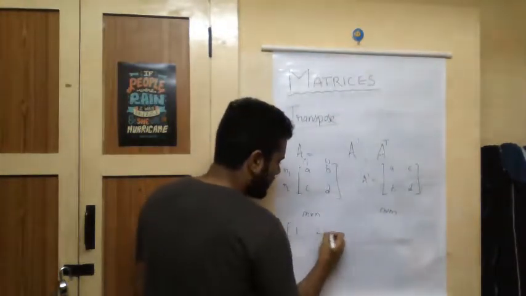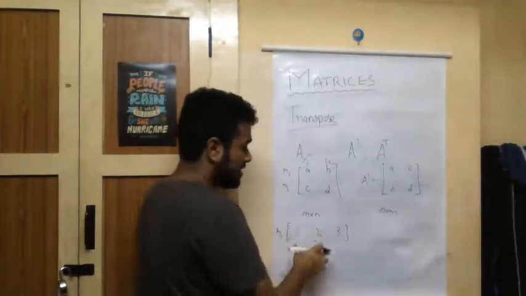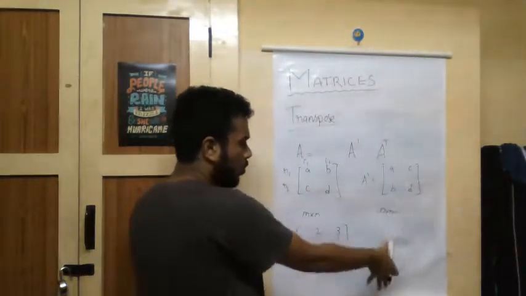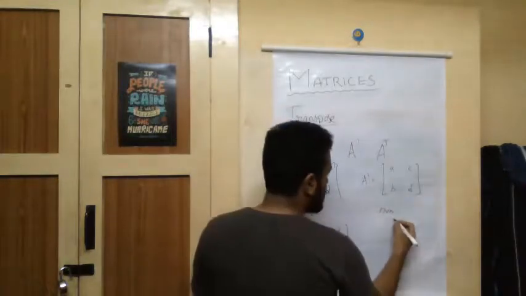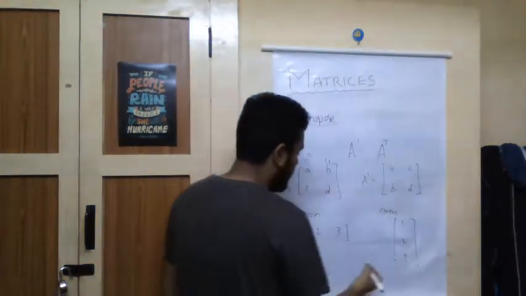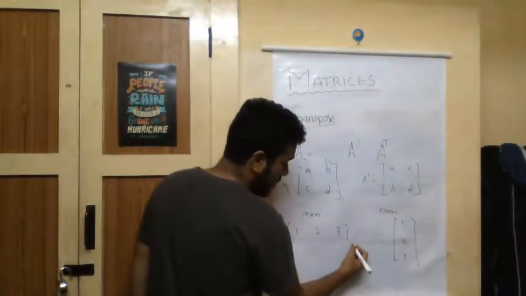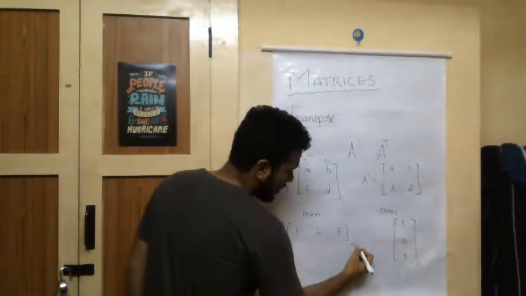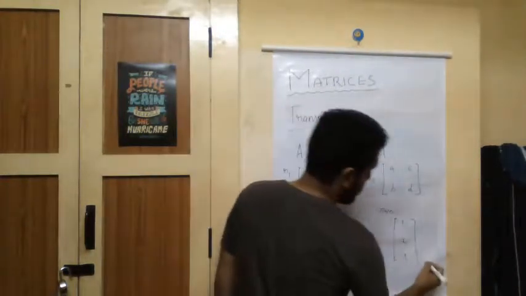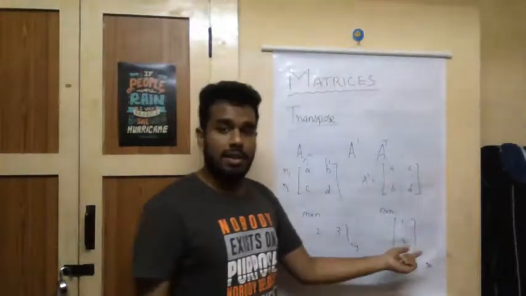Let's say we take this row matrix. Since this has only one row, the transpose of this is converting this one row into a column. So this would become 1, 2, 3. Clearly, the order of the original is 1 row and 3 columns, so 1 by 3, and the order of this is 3 rows and 1 column, so that's 3 by 1. As you can see, if it's M into N, that's N into M.